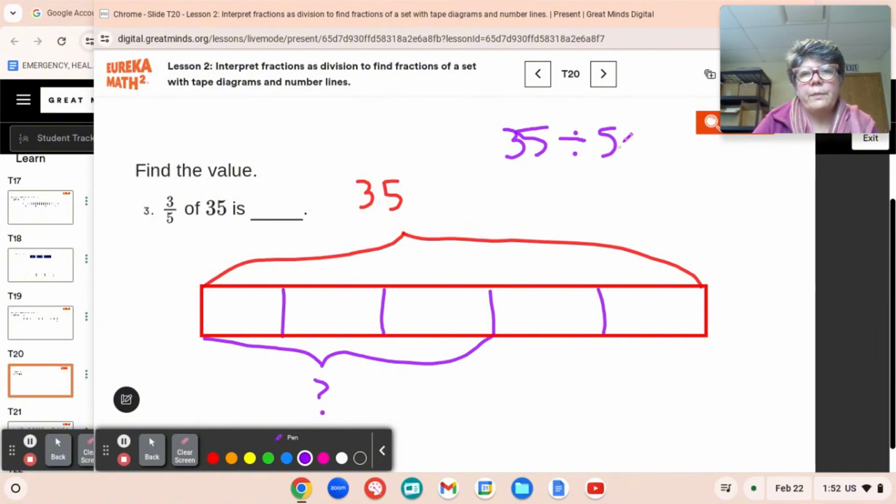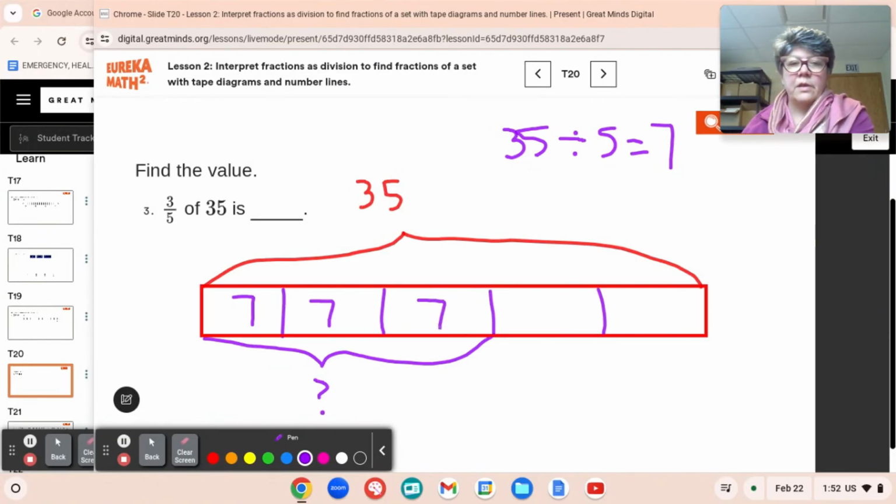So each of them would be equal to 35 divided by 5, which is 7. So each block is going to be equal to 7. So 1/5, right? One of our 5 blocks is 7. Two of them are 2 sevens, which is 14. And 3 of them are 3 sevens, which is 21.